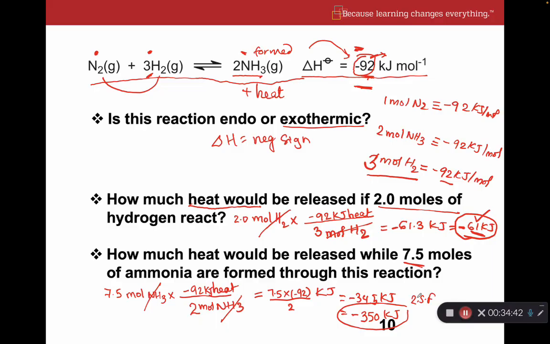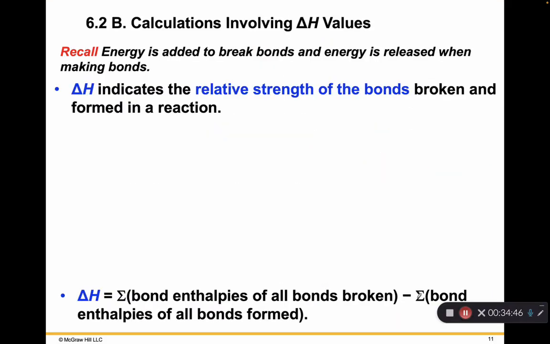Okay, so let's move on. We can actually calculate the delta H values when we are given how much energy we had to add while breaking a bond, right? Total number of bonds in a reaction, and how much energy is released when total number of bonds are formed. So we can use the mathematical relationship given here.